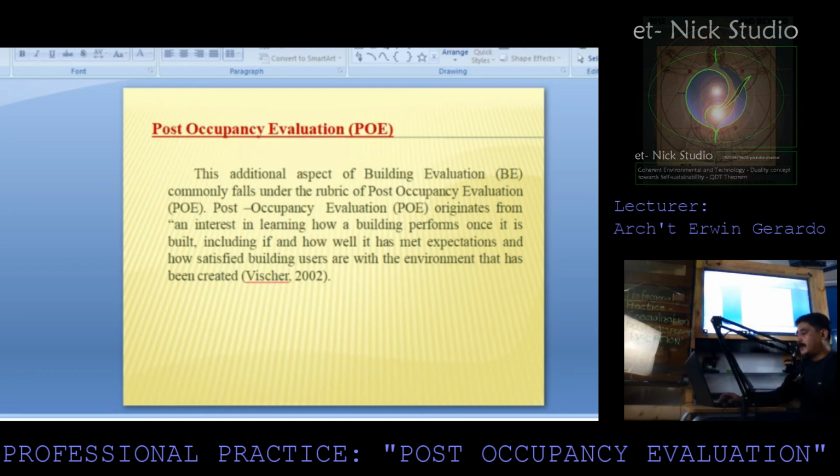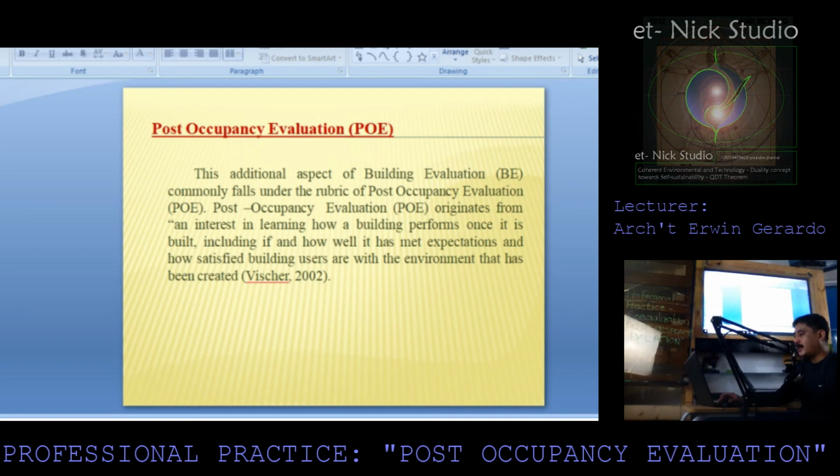Post Occupancy Evaluation, abbreviated as POE. This additional aspect of building evaluation commonly falls under the rubric of post-occupancy evaluation.